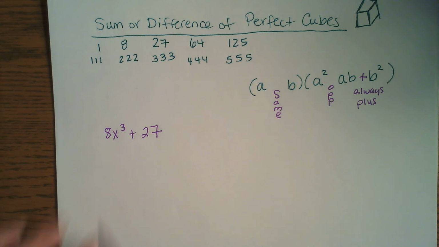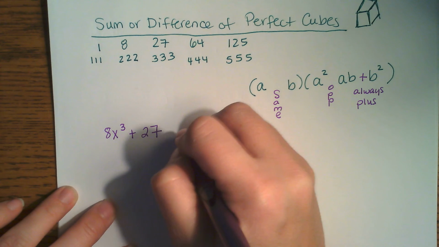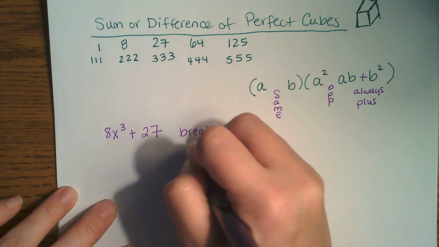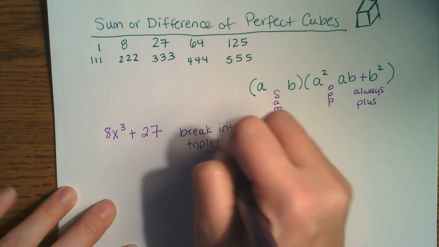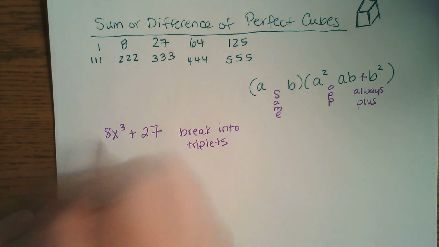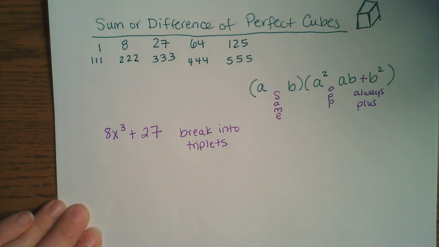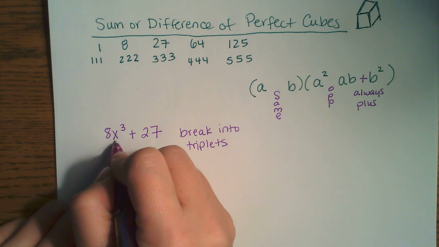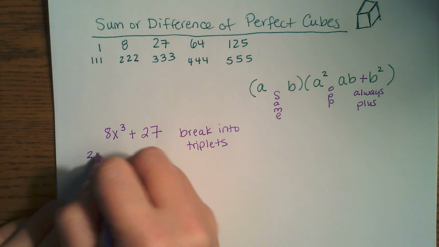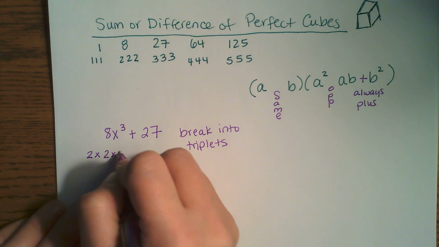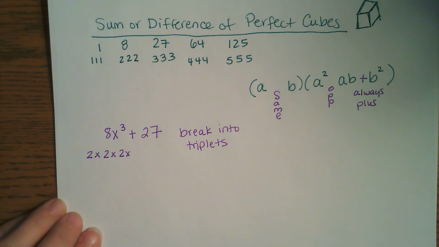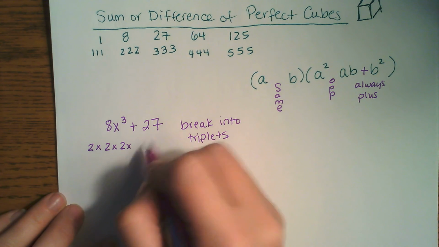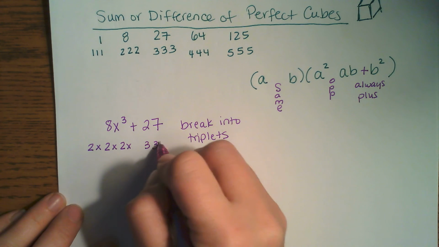So we'll break each term into triplets. 8 is 2 times 2 times 2, and x times x times x. Something that Sayer did, he said, let's just do 2x, 2x, 2x. And that really works for what we're about to do, so that's cool. And then 27 is 3 times 3 times 3.